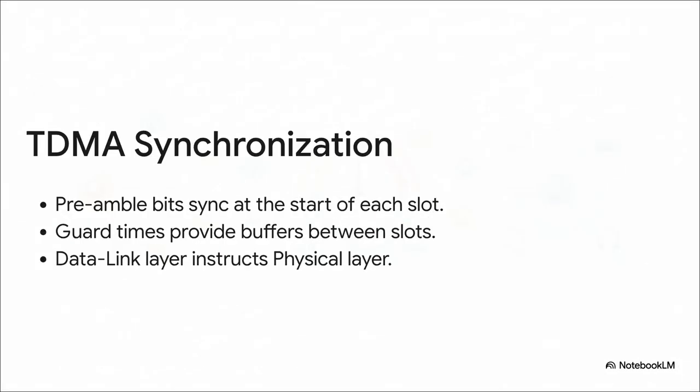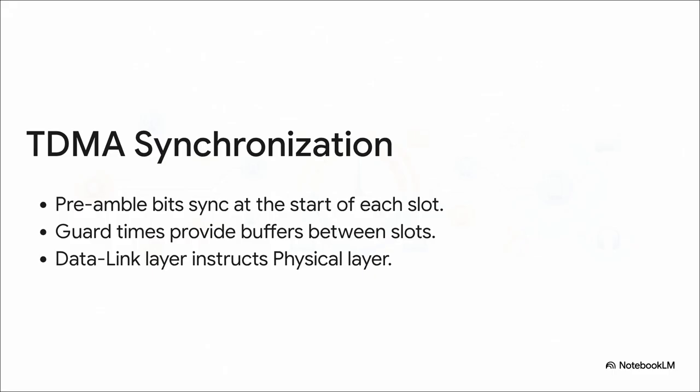Now, while TDMA sounds pretty simple in theory, it presents a massive real-world engineering hurdle, and that is synchronization. Think about propagation delay like yelling across a massive canyon versus whispering to someone standing right next to you. A signal from a distant station naturally takes a lot longer to arrive than one from a close station.